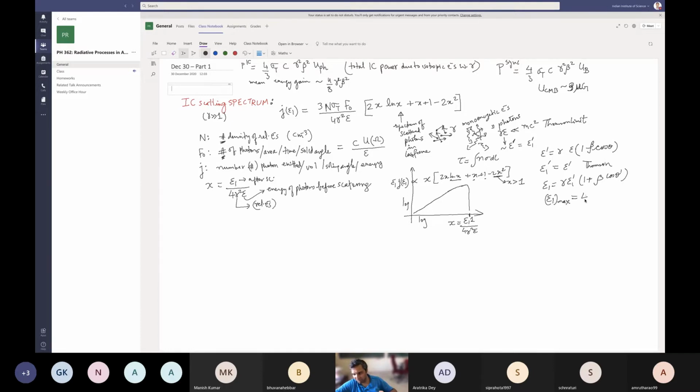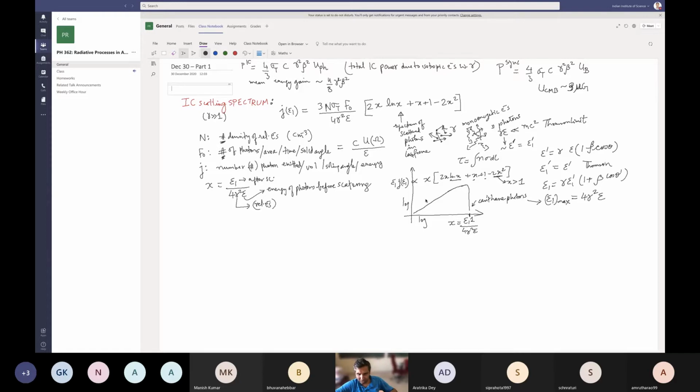So it is 4 gamma squared epsilon. So this is where you have this exponential cutoff. You can't have photons with energy larger than this.